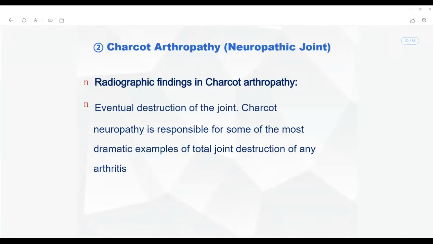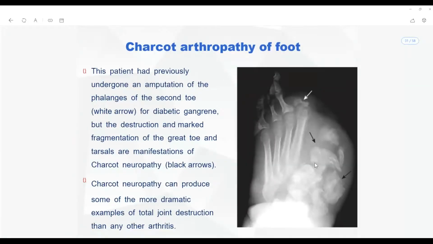Now you see a lot of joint destruction happening here, and you can also see a lot of inflammation around, with soft tissue swellings. You can also see the loss of distal phalanges, which is happening because of amputation.